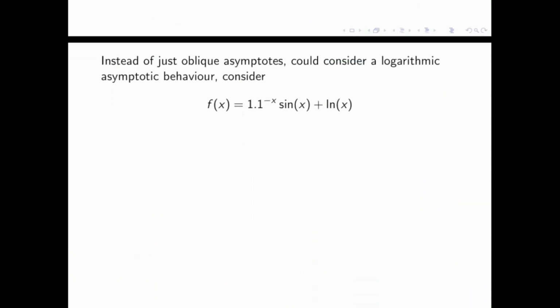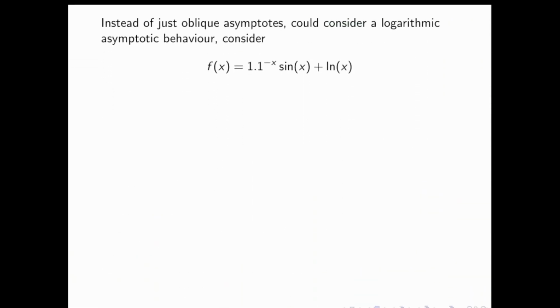And let's do one. So instead of just oblique asymptotes, we could consider, for example, a logarithmic asymptotic behavior. So let's look at the function f of x equals 1.1 to the power of negative x times sine of x plus the natural log of x. I claim this has a nice logarithmic asymptotic behavior.